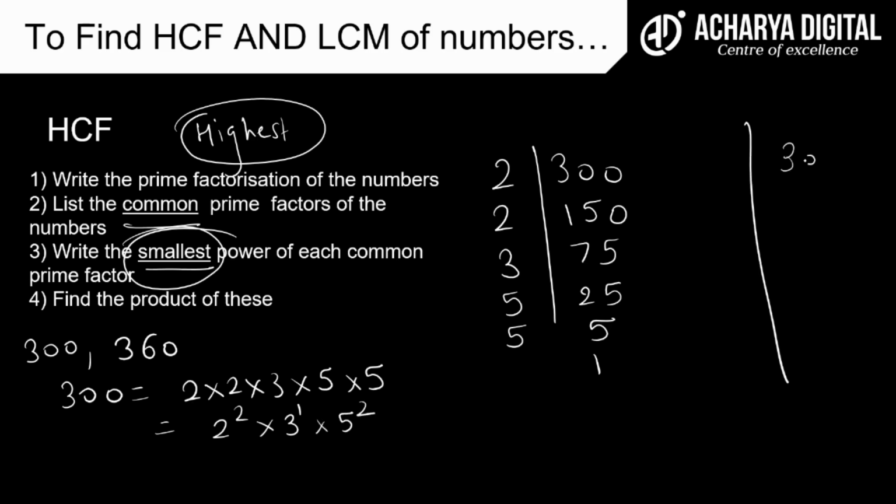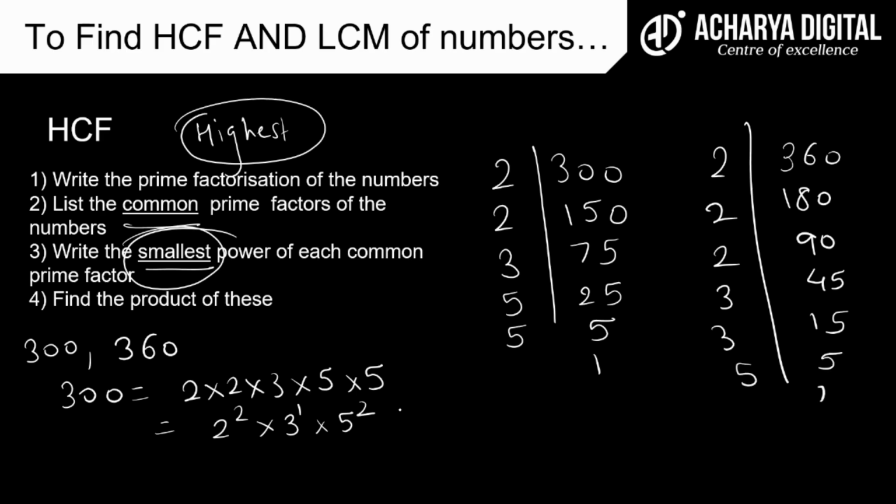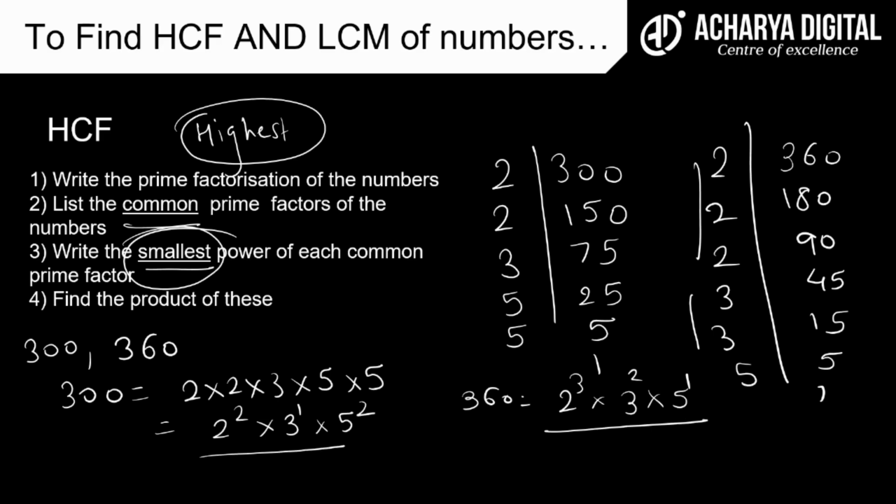Second is 360. So again 2 180s are 360, 2 90s are 180, 2 45s are 90, 3 15s are 45, 3 5s are 15, 5 1s are 5. So 360 can be written as 2 cube into 3 square into 5 raised to 1. Okay, I hope you have understood. Now how to find out the HCF? You have to consider the smallest power of each common factor.